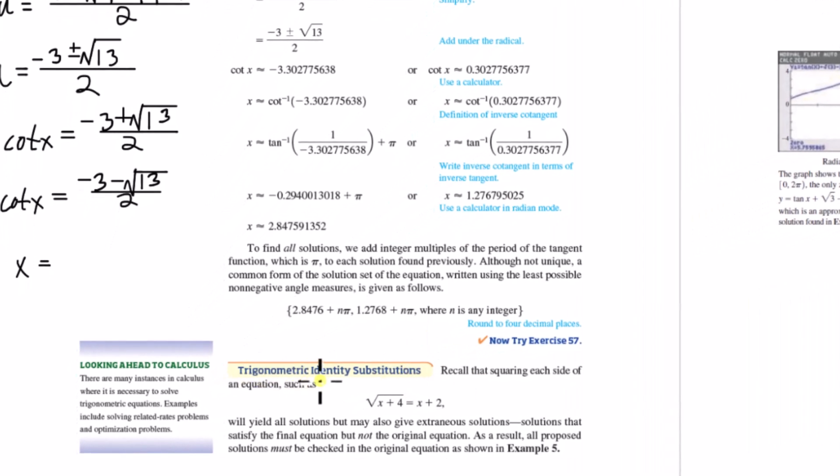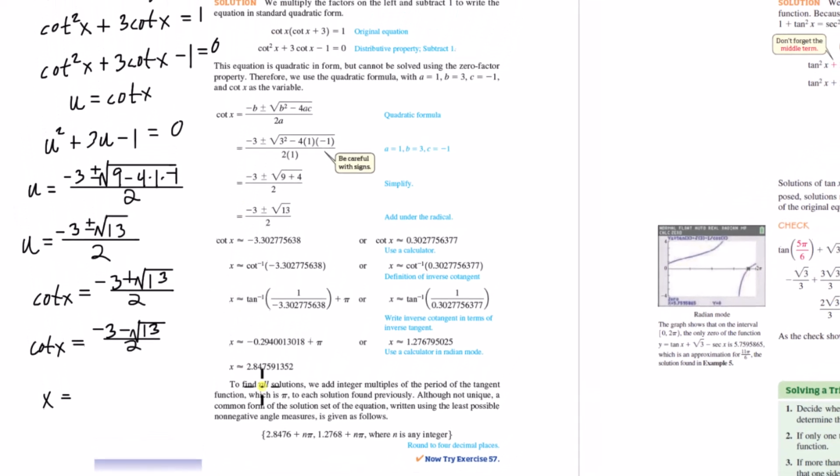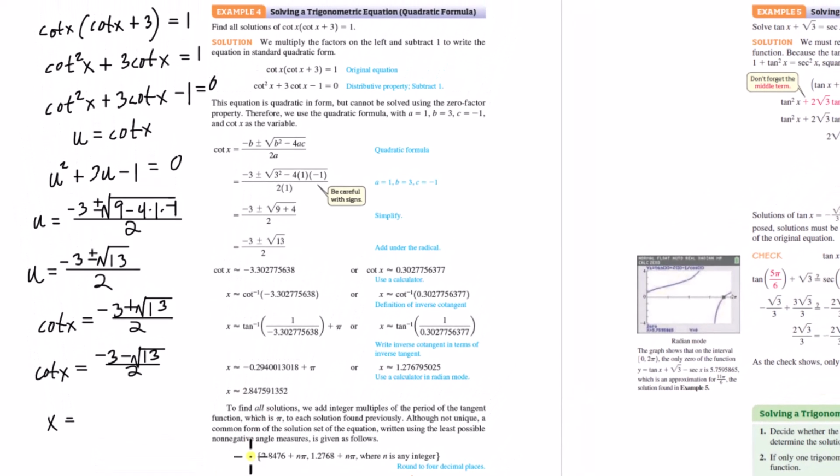Now, trig identity substitutions. Recall that squaring each side of an equation, such as this here, will yield all solutions, but may also give extraneous solutions. So what they're trying to illustrate is that, okay, we just solved a quadratic form, but we're not going to go any further than that, but you can extend this principle to any kind of equation that we solved in algebra.